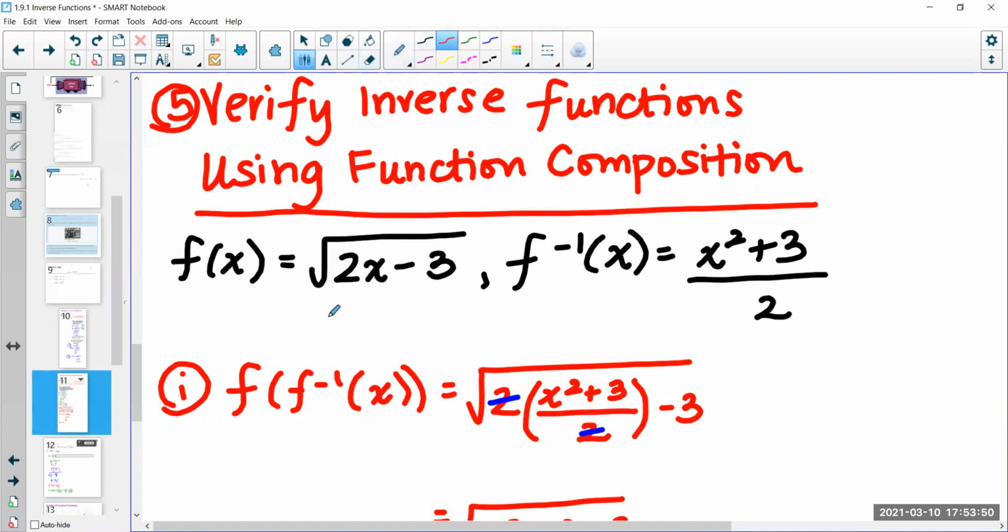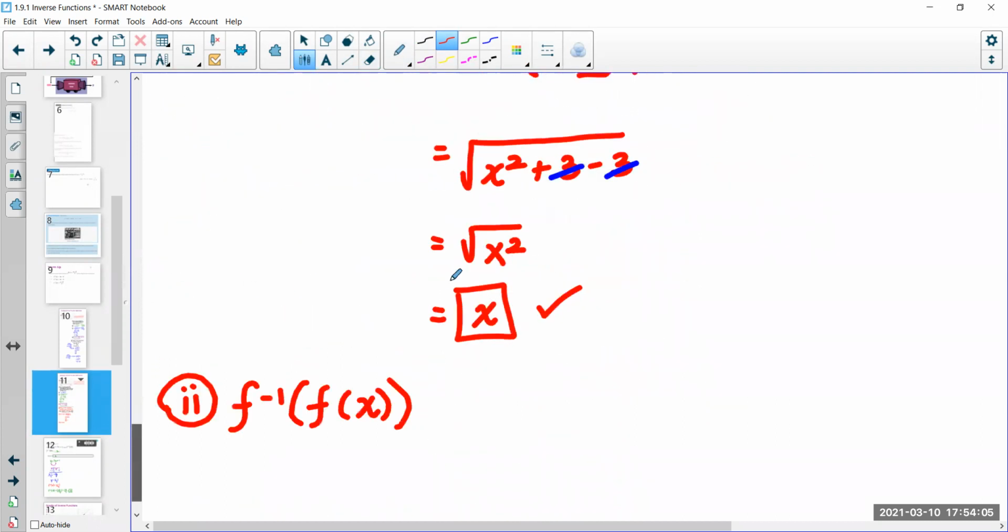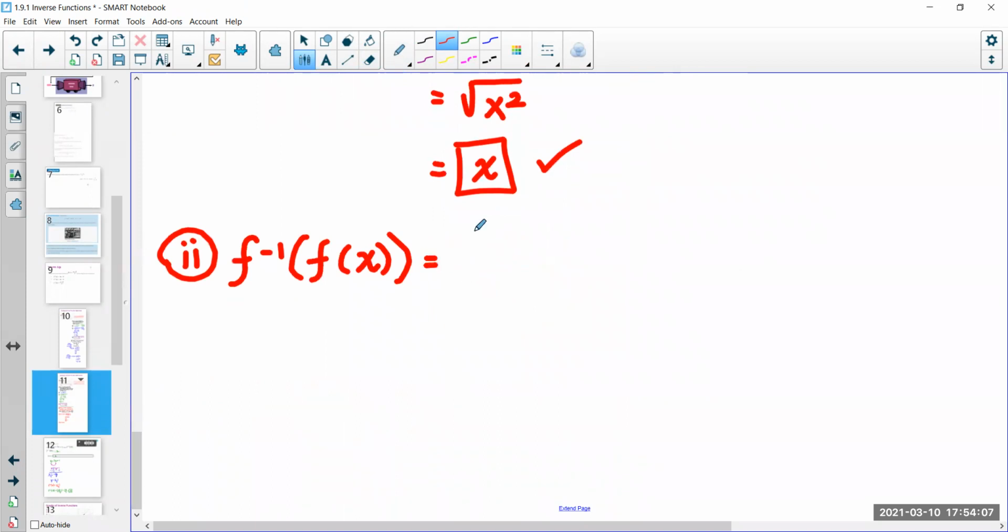We're going to take this function, f of x, the square root of 2x minus 3, and we're going to input it in for this x here in f inverse. So actually, this function starts with x. So we're going to start with the square root of 2x minus 3. Because that's our f of x, that's our input.